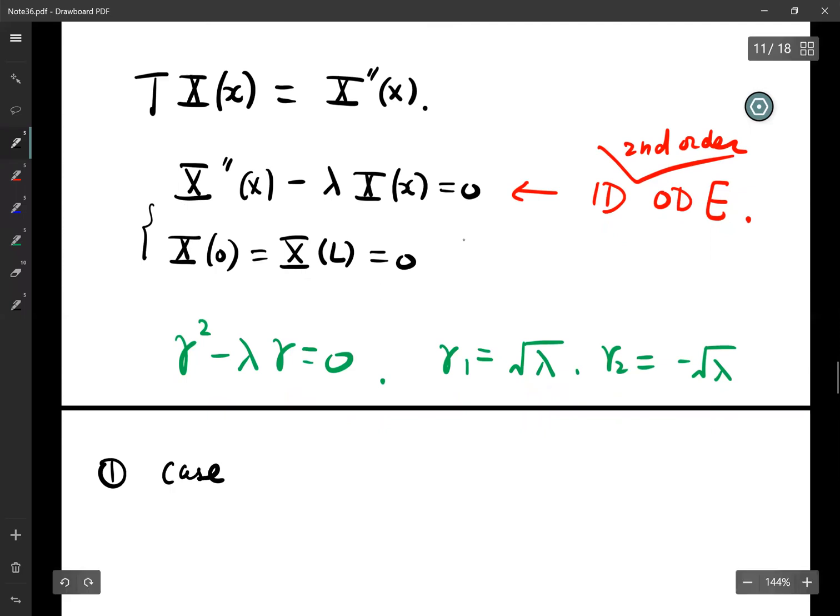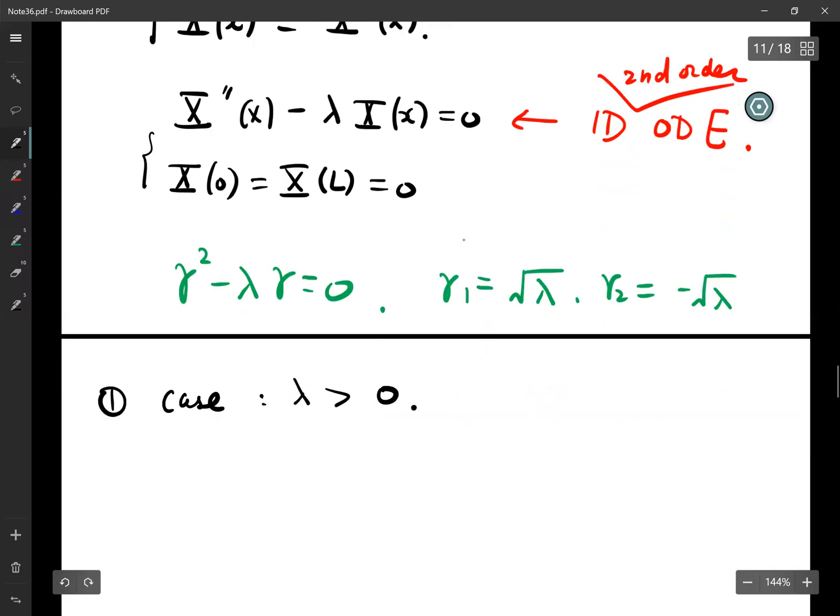Case 1 is lambda is bigger than 0. Then for any fixed lambda, I don't know the eigenvalue at this point. You might say, okay, this is the eigenvalue problem, now I need to compute the determinant and blah, blah, blah. But this is an infinite dimensional problem, so we cannot really use the determinant method we had before. We need to use this new tool learned from chapter 4.